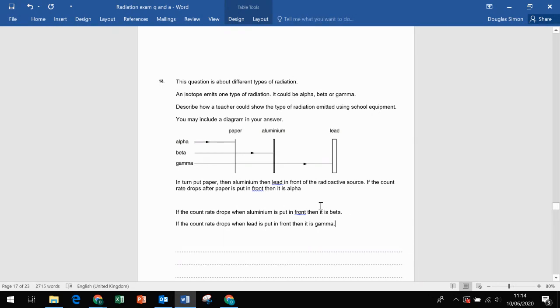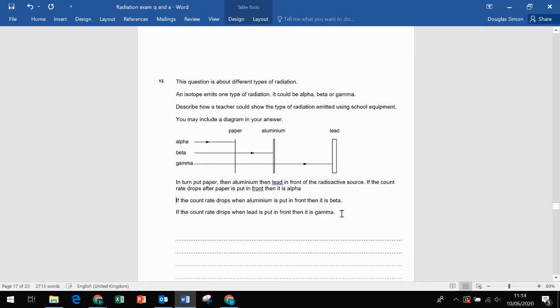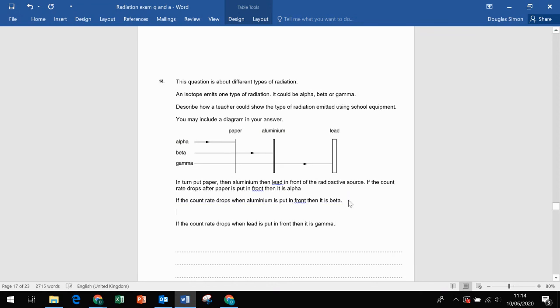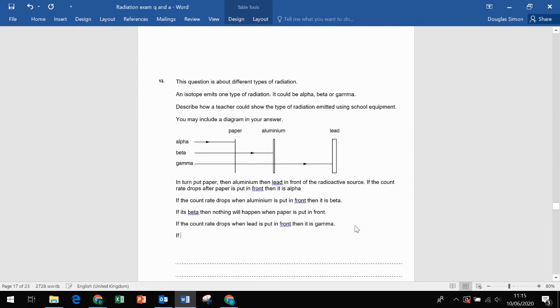All right, but importantly, if it's beta, then nothing will happen when paper is put in front, and if it's gamma, nothing will happen when you put paper or aluminium in front.